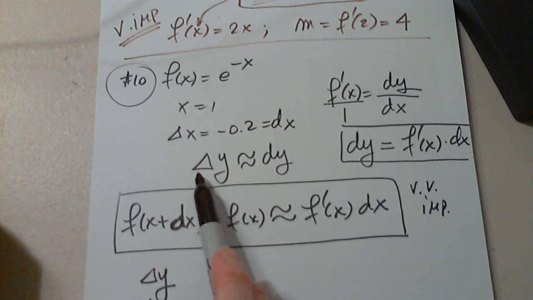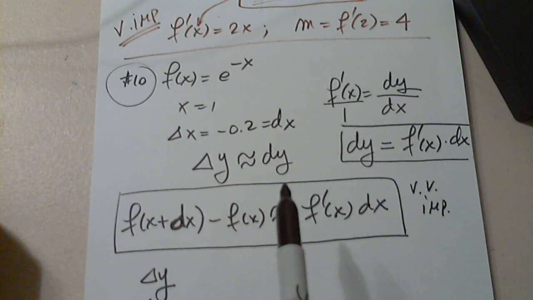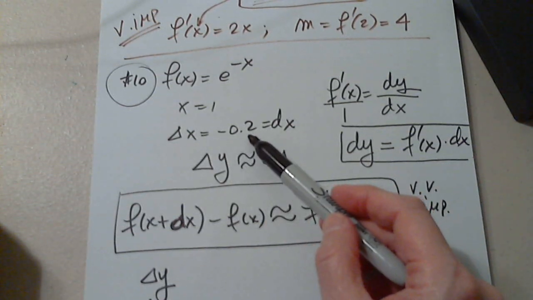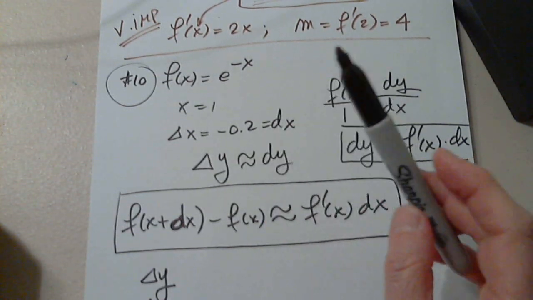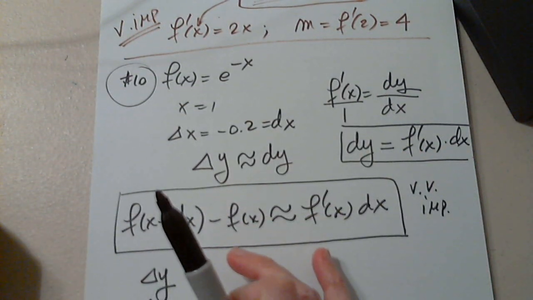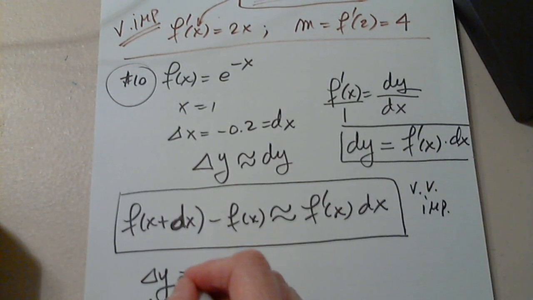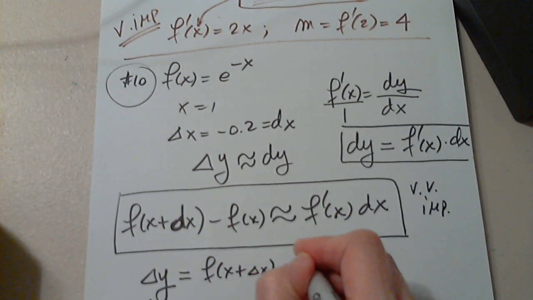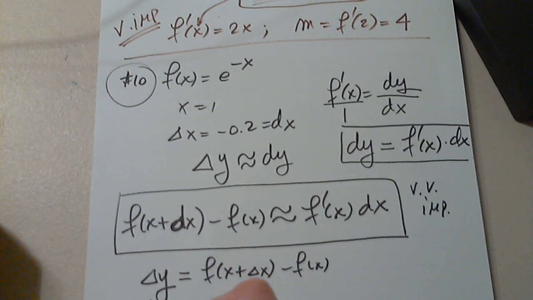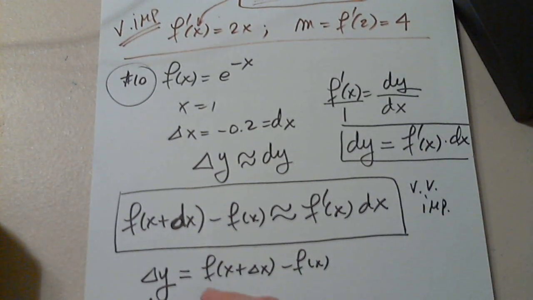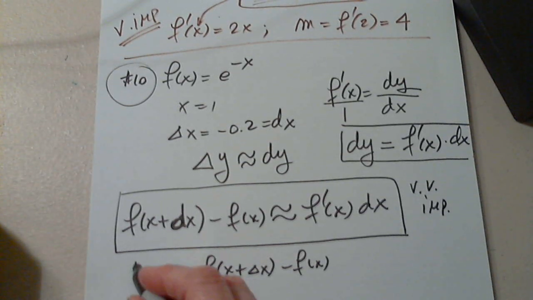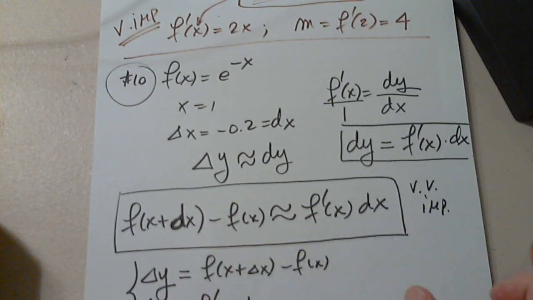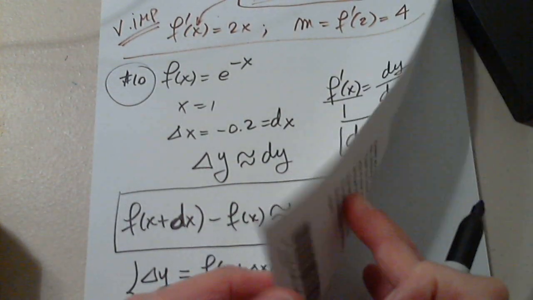And they're asking us to find delta y and dy, and show that, because delta x or dx is a small number, a small error, these two are quite close. First I have to write a definition for delta y, which is f of x plus delta x minus f of x. And then I have to write the definition we just discovered, f prime of x dx. These are the two questions that we have to answer, given the information in the problem.